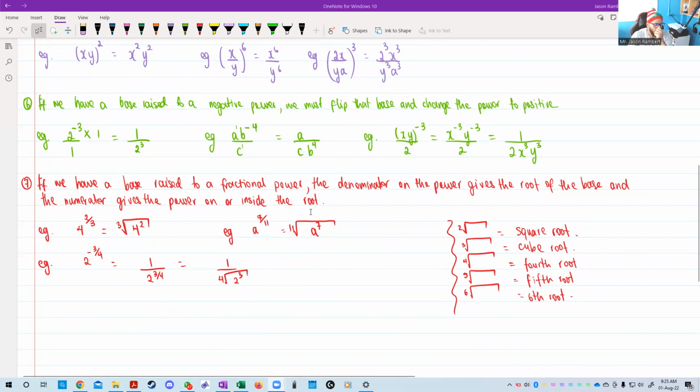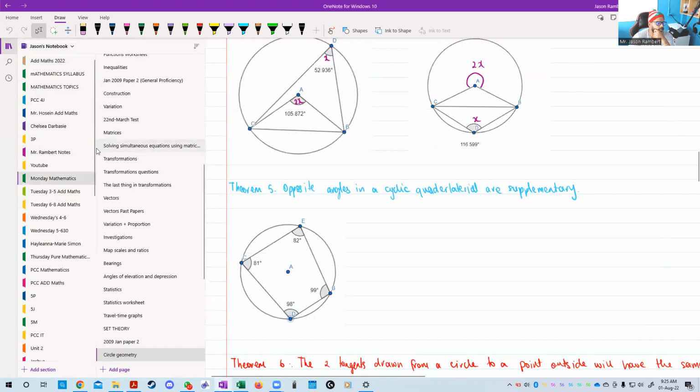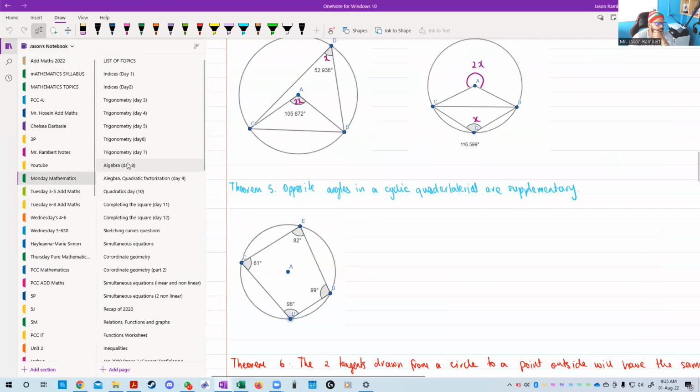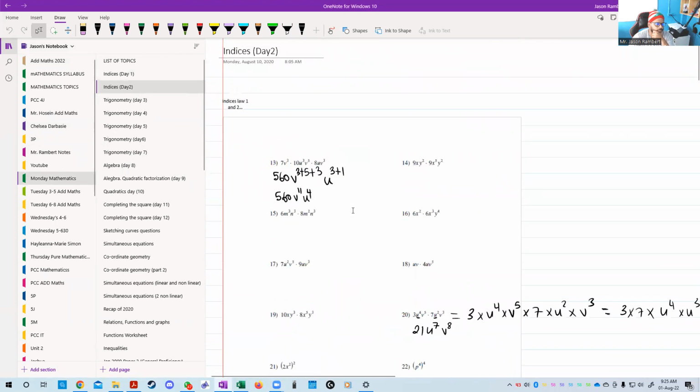Nice. All right, so let me put some of the laws to work now. So we go jump across to the worksheet. Yeah, man, I can work with this worksheet.